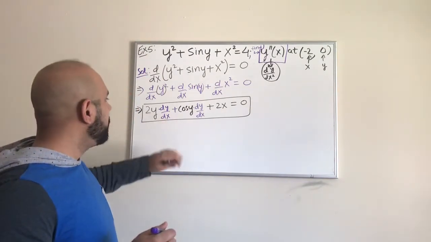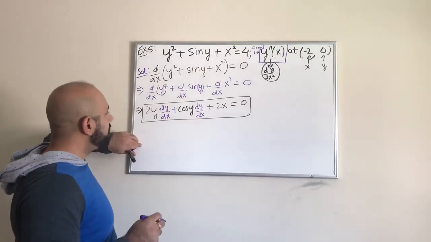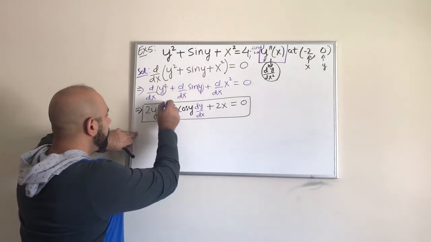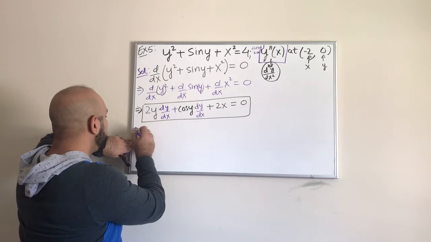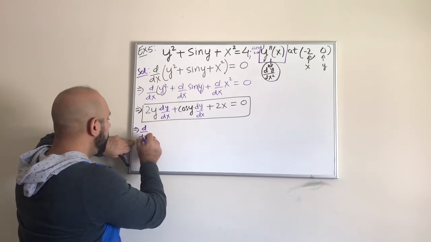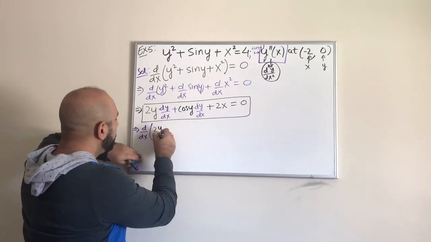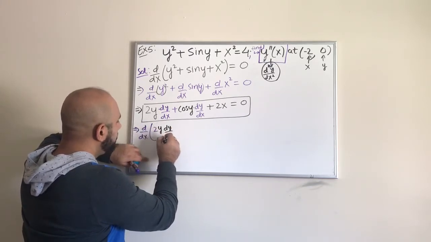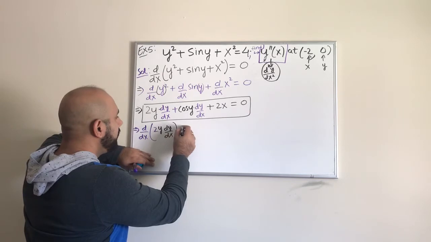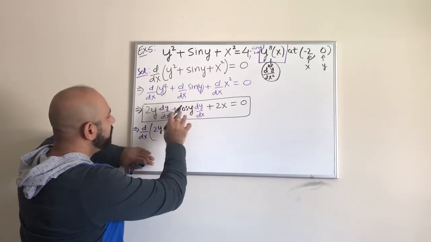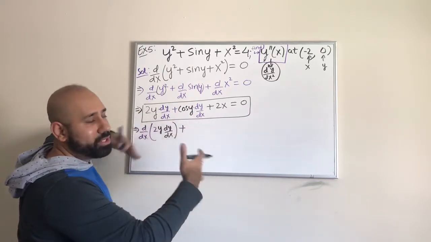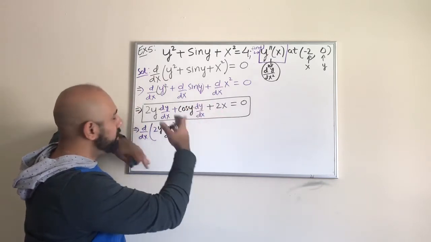So if I take the derivative of this equation, this is how it's going to look. Guys, maybe I should write the first step. So it's d over dx of 2y times dy over dx, and then plus, since I'm taking the derivative, I have to distribute the derivative to each individual piece, so I'm already doing it.